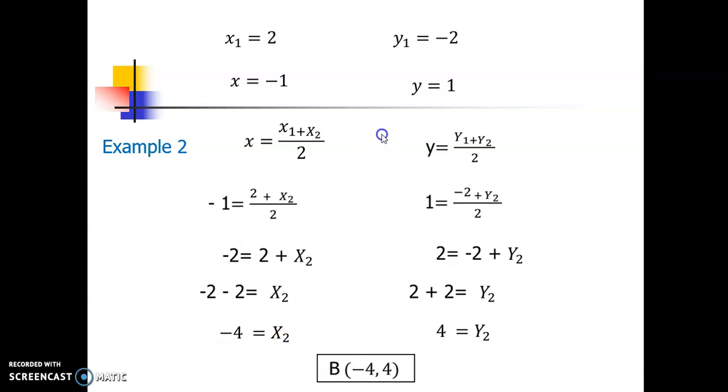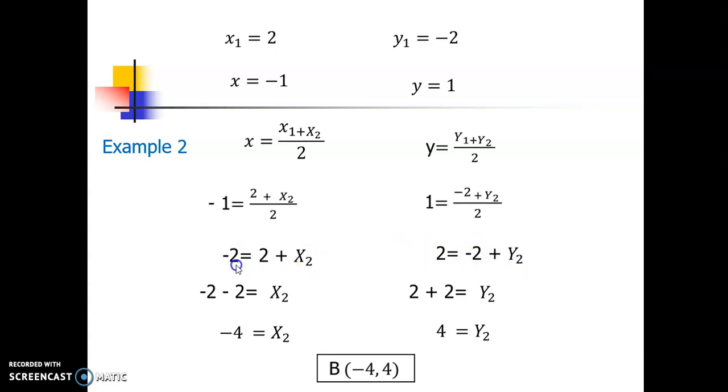Paano naman yung y-intercept? Ganun din. I-plug natin yung mga given variables. Yung y natin is positive 1, negative 2 x sub 1 plus y sub 2 over 2. So, 1 times 2 equals 2. Ito yung natira, negative 2 plus y sub 2.